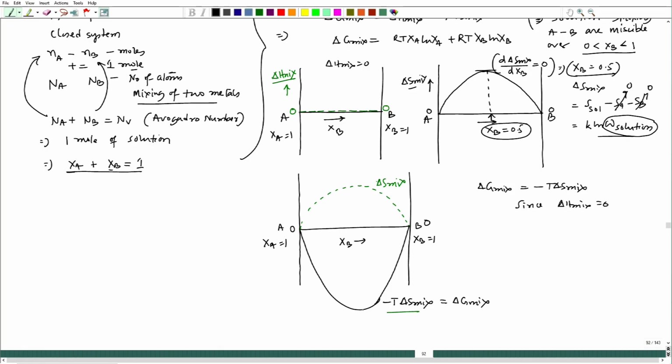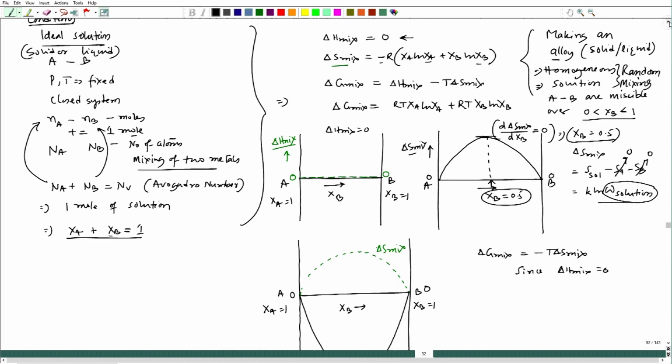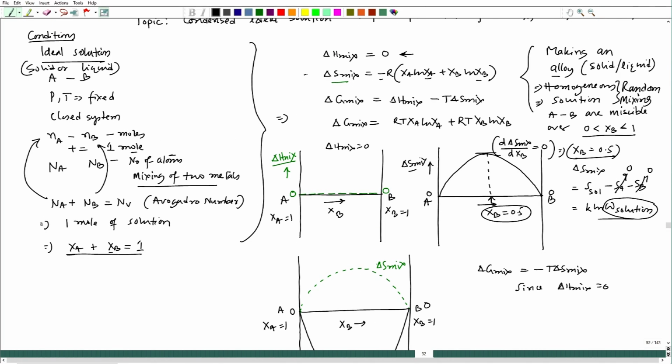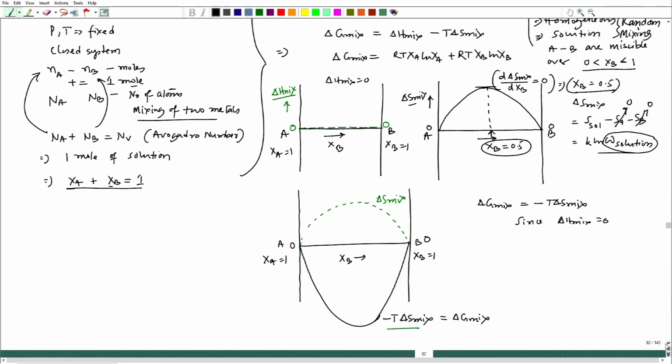Now, if I change the temperature, del S mix will not change, because the del S mix quantity does not have any temperature term. If you see this particular expression, no temperature term, so that will not change with temperature. Now, keeping the pressure constant, if I change the temperature, this del S mix would remain the same. The only change would be in the minus T del S mix.